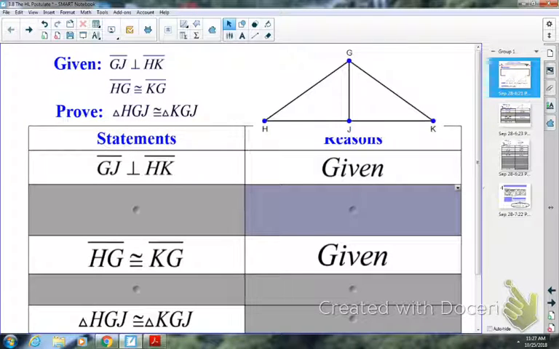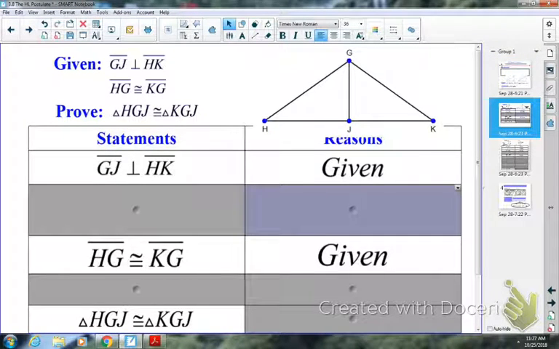So on this one, we are given that segment GJ is perpendicular to segment HK. We know that segment HG is congruent to segment KG. We are trying to prove that these two triangles, HGJ and KGJ, are congruent. So most likely you would think that I'm probably going to use this new theorem, hypotenuse leg.